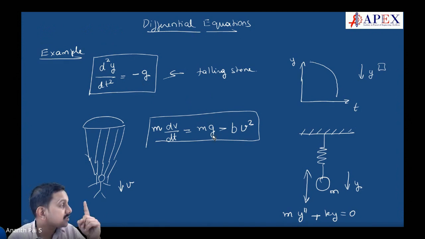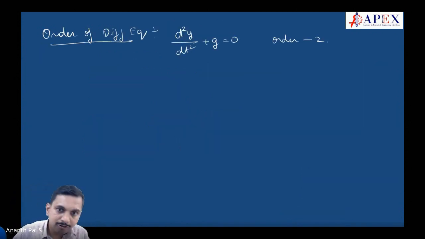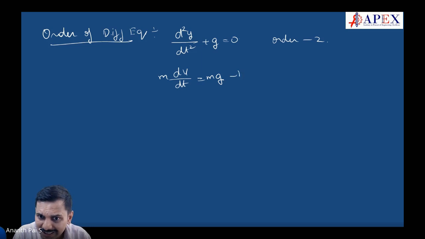This order is 1, in the variable V. Makes sense? Order is the highest order of differentiation in the differential equation.